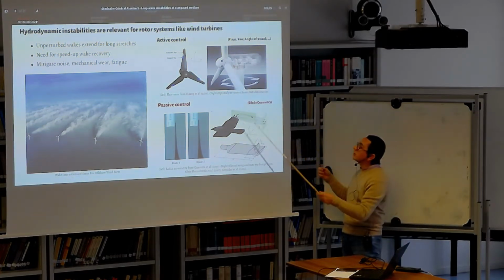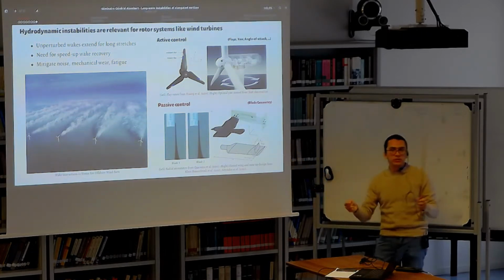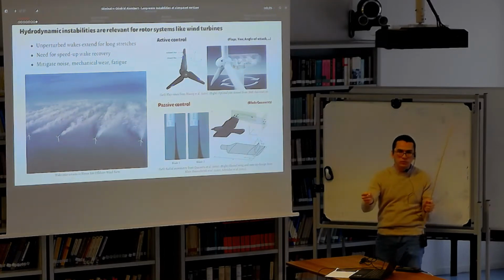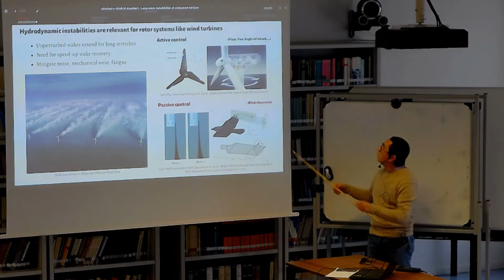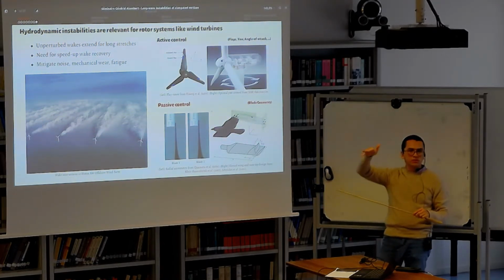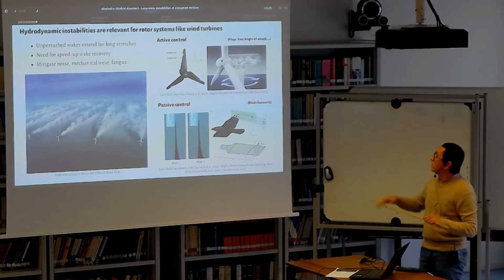Another alternative is to change the yaw, which is the relative orientation of the wind turbine with respect to the incoming flow. So they want to move the turbine like this, also to excite this instability. But you can also do other things like change the pitching, which is the angle of attack of the blade in a dynamic way.